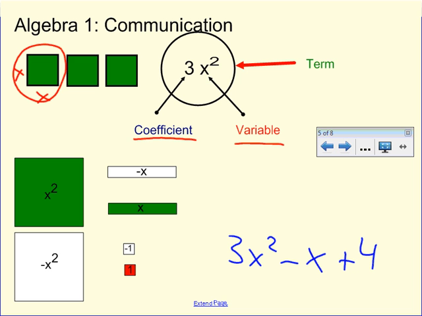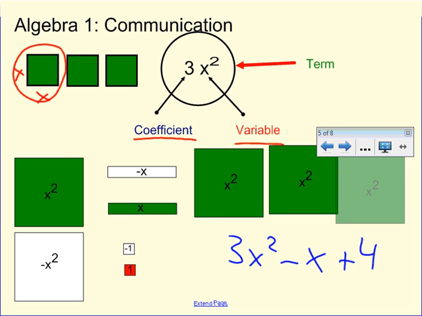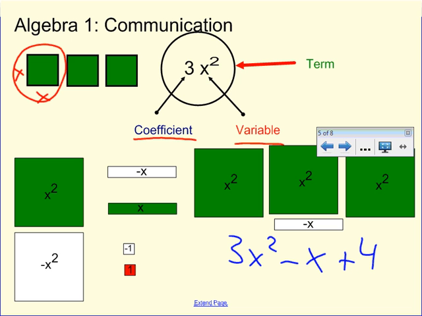And I'm going to get this. So I have 3x squared, so that means I need 3 of my green or positive x squareds. So there's 3x squareds. I need 1 kind of negative x. And I need 4 positive 1s. 1, 2, 3, and, oh, missed it, and 4. There we go. Fixed it. So there's my 4 there. So I use the algebra tiles to represent my polynomial.